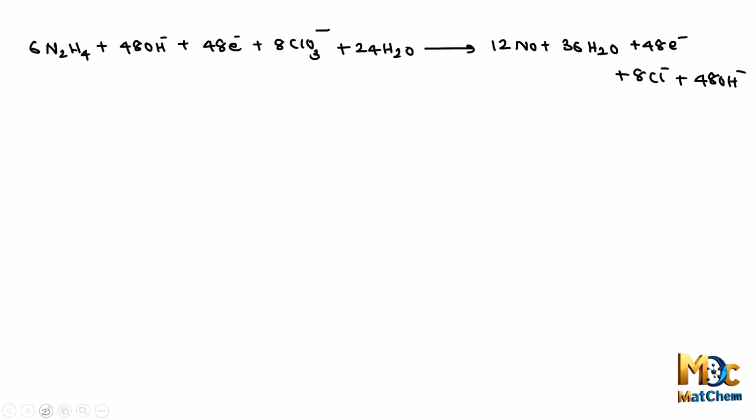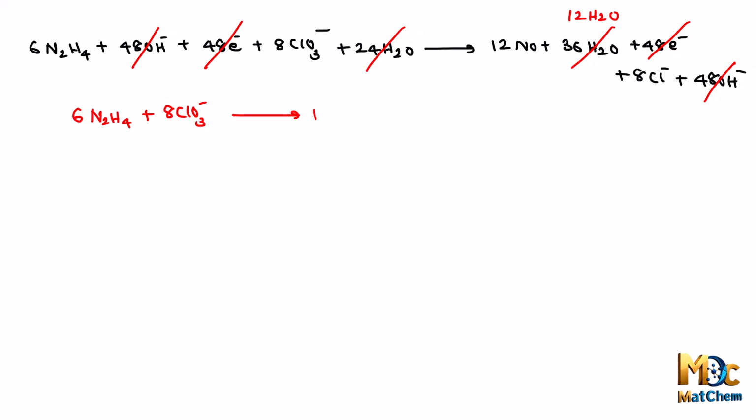So now you can see this 48 OH minus cancels. The 48 electrons cancel. 24 water and 36 water cancel, you will get 12 water. So what is the net equation? 6 N2H4 plus 8 ClO3 minus giving 12 NO plus 12 H2O plus 8 Cl minus.